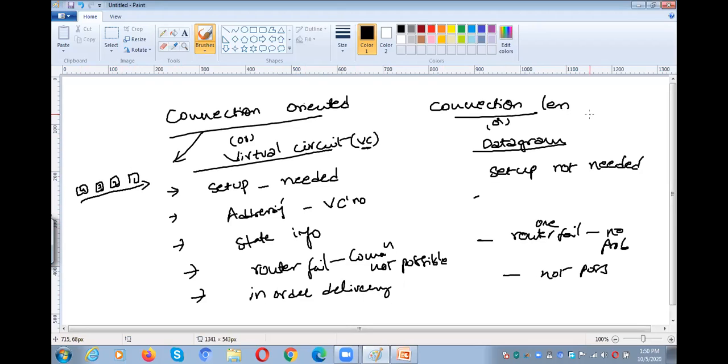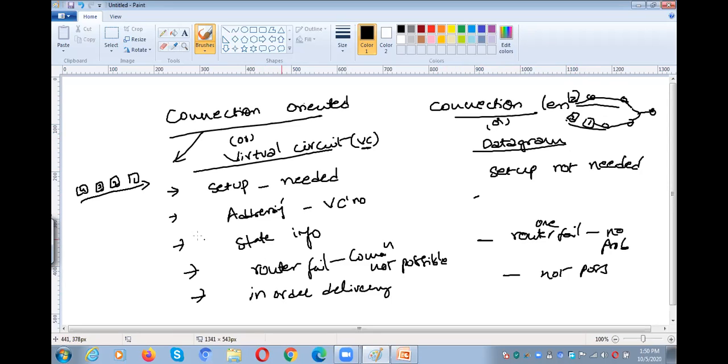But in the case of connectionless, 1 and 2 are transmitting in this direction, and the 3rd packet is transmitting in this direction to reach the destination. This is another route, and this is another route, right? So 1 and 2 are following one direction, the third packet is following another direction. So in-order delivery might not be possible in the case of connectionless service.